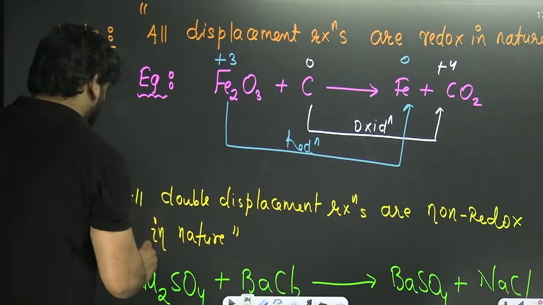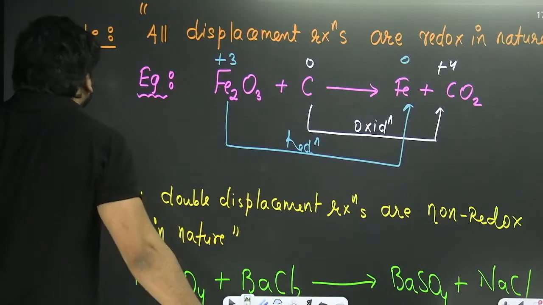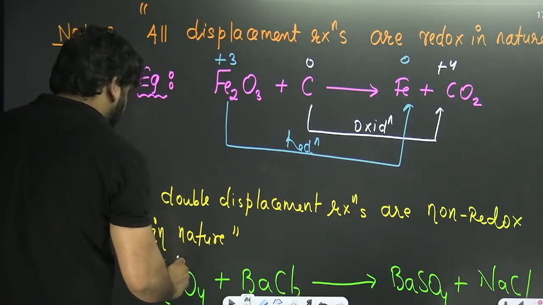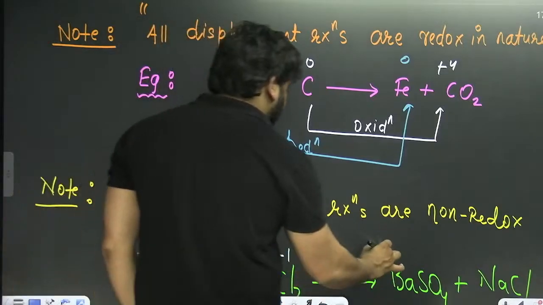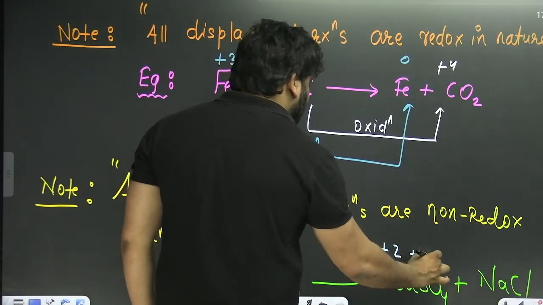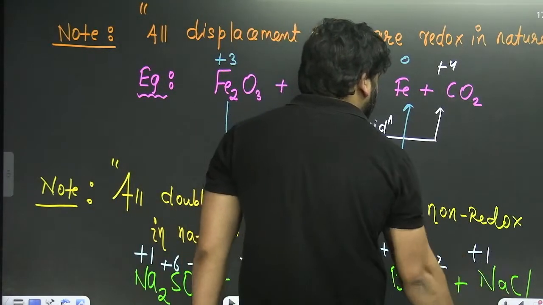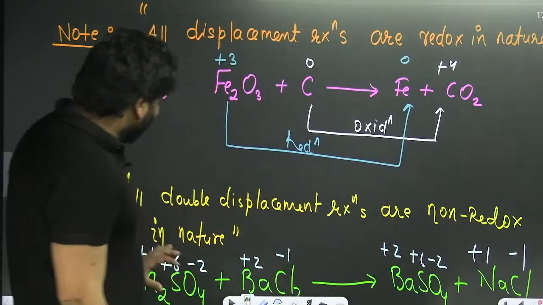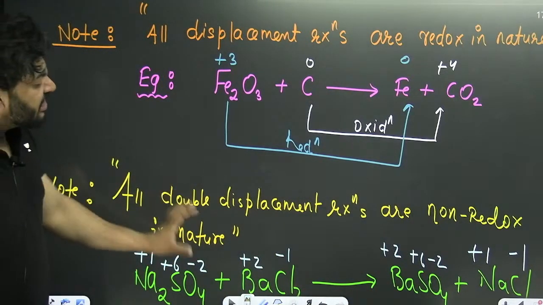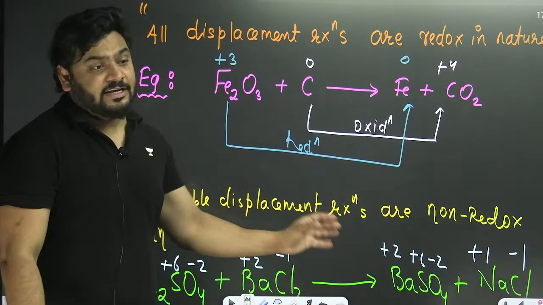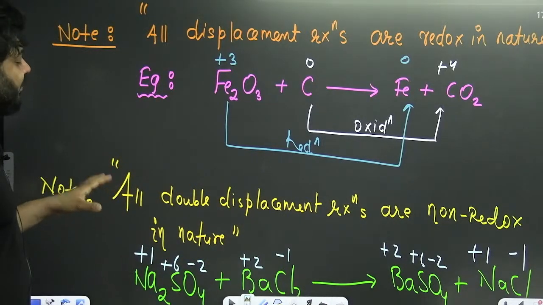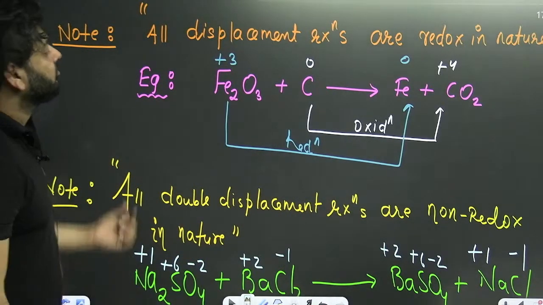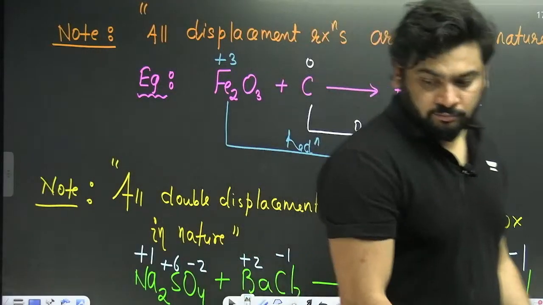Sodium has +1, sulfur has +6, oxygen has -2, barium has +2, chlorine has -1, barium has +2, sulfur has +6, oxygen has -2, sodium +1, chlorine -1. Is any one of the elements undergoing a change in its oxidation state? None. That is why this is called a non-redox reaction. Note it down.